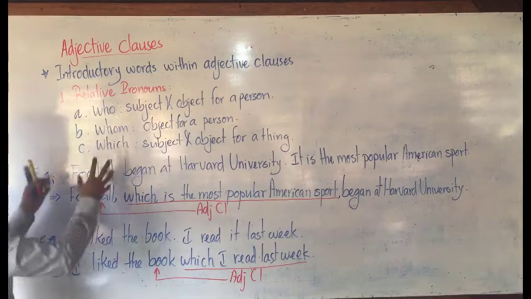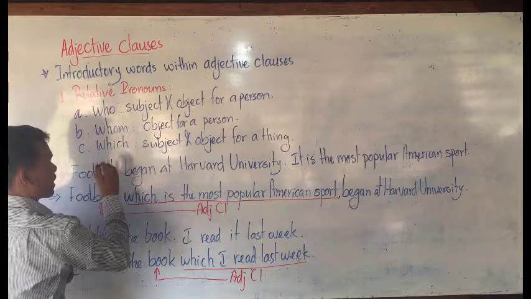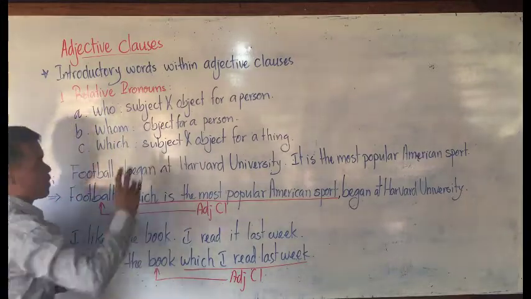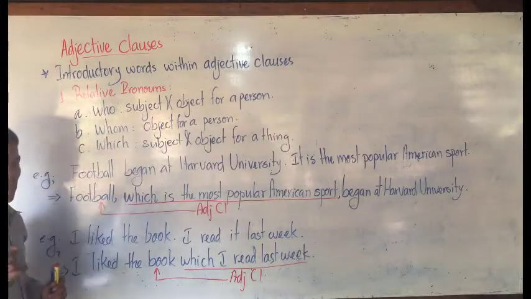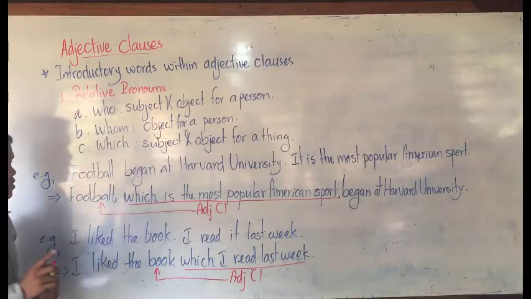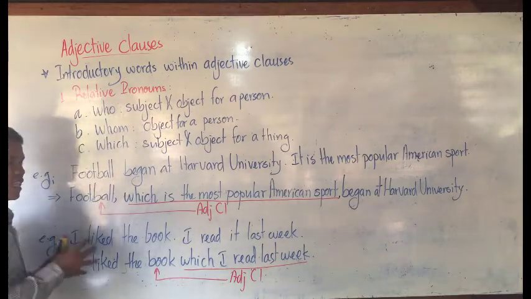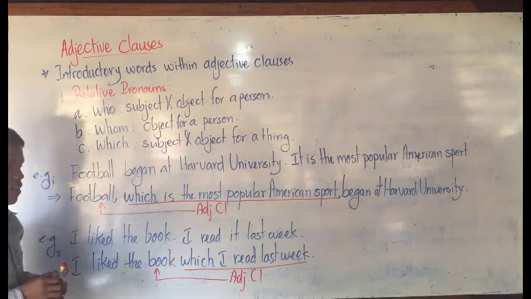Again, "which" is one of the relative pronouns that can be used as a subject and object in an adjective clause. It is used for a thing only, not for a person. It can be used in both defining relative clauses and non-defining relative clauses.